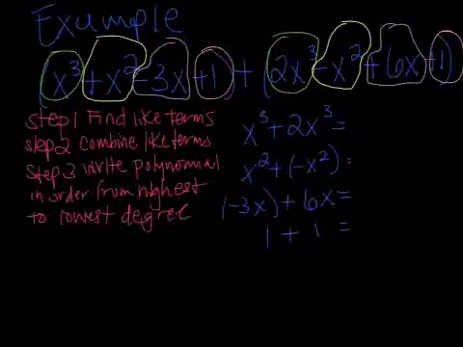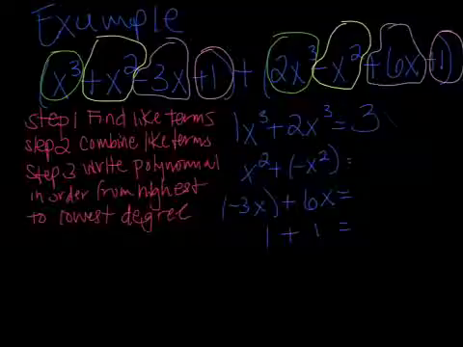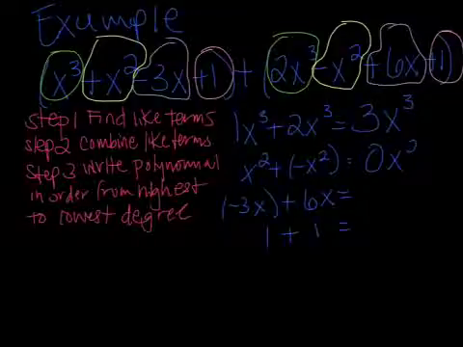So x cubed is like 1x cubed. We're adding the coefficients. 1 plus 2 is 3. And our variable carries over. X squared plus negative x squared is the same as x squared minus x squared, which leaves us with 0x squared. Negative 3x plus 6x is like 6 minus 3.